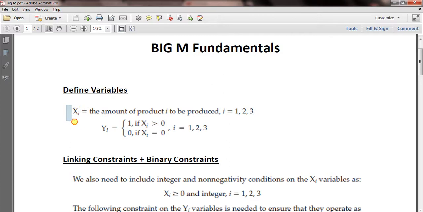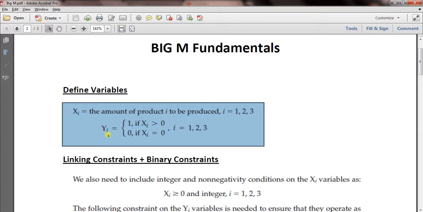Now, along with the decision variable, we also have something called a binary variable associated to judge whether that item will be produced or not. So when you see xi as the amount of product i to be produced, yi is the binary that says whether xi is produced or not.